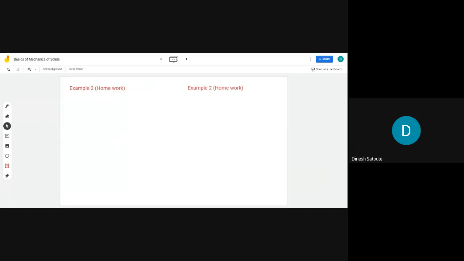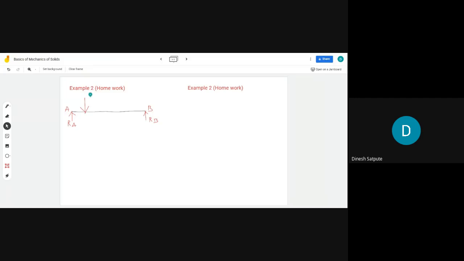Now I'm going to give you this one beam bearing point A, point B, RA. This is RB. The force is acting over here at some distance.